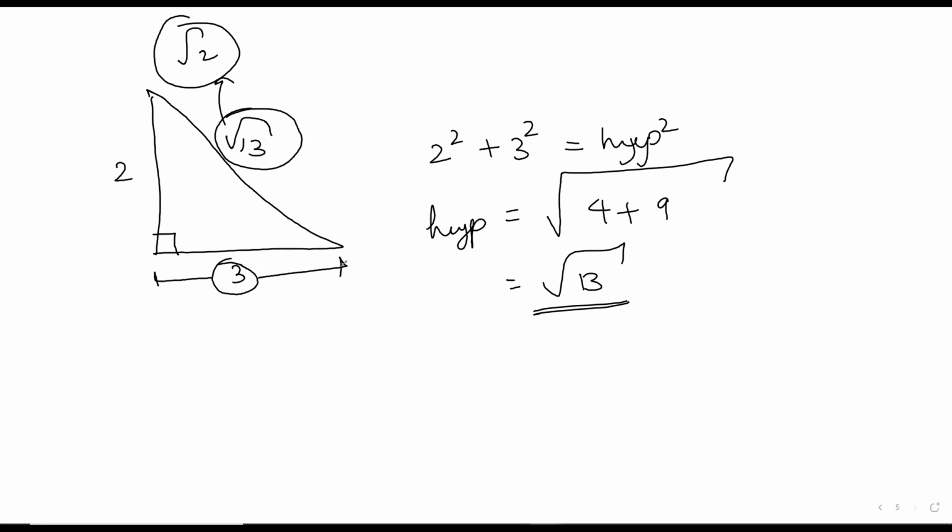This is 3 units, so we know how much 3 measures, but we don't know yet how much root 2 measures. So is there some way that we can have root 2 as the hypotenuse? To have root 2 as the hypotenuse, what should be our sides?